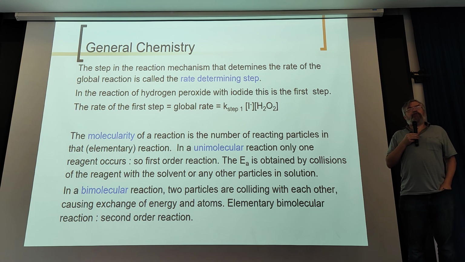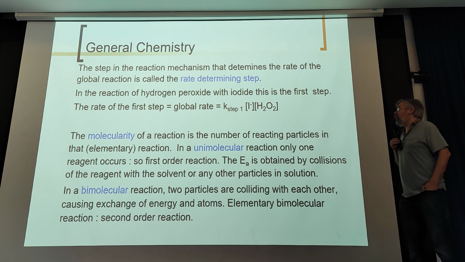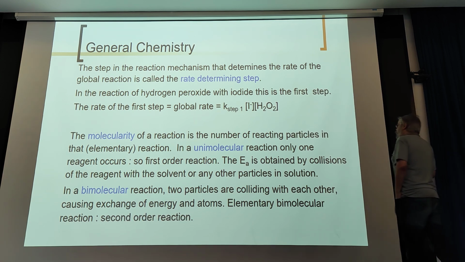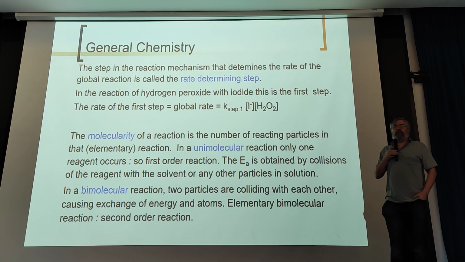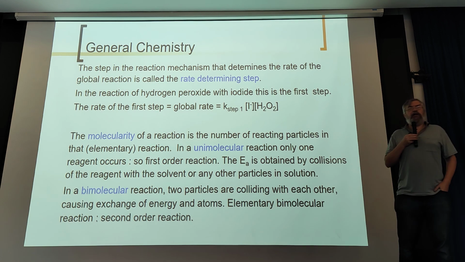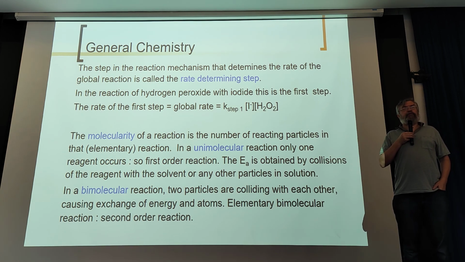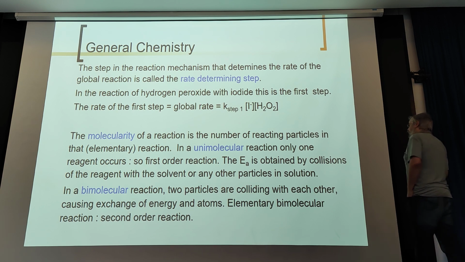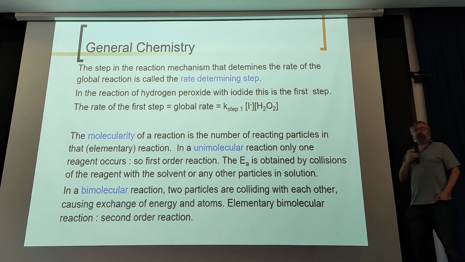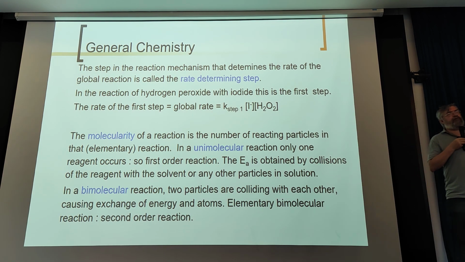And these are the amount of particles that are coming together in the rate determining step. You could have a unimolecular reaction, and that means only one reagent is going to be involved. And you could also have a bimolecular reaction, which is maybe the most common, that 2 of the reagents are coming together.